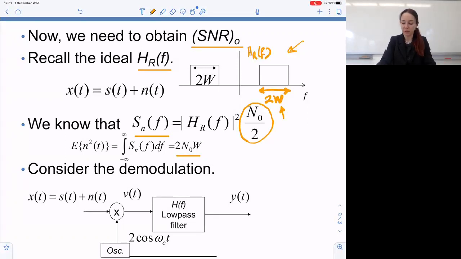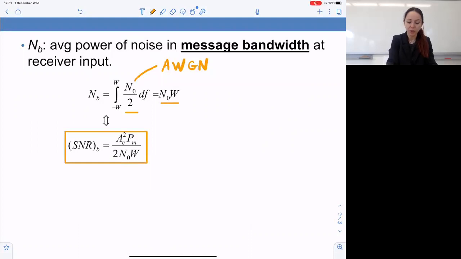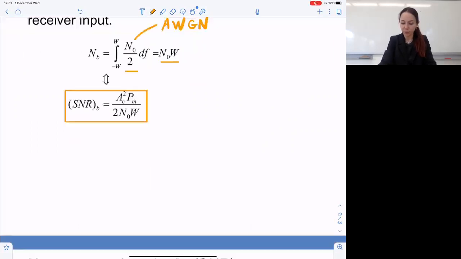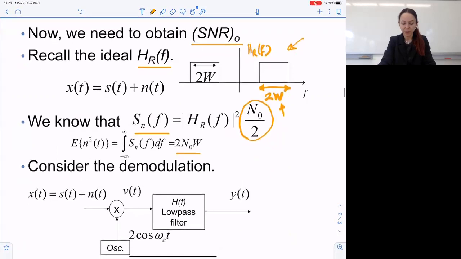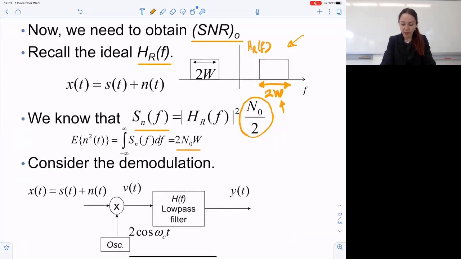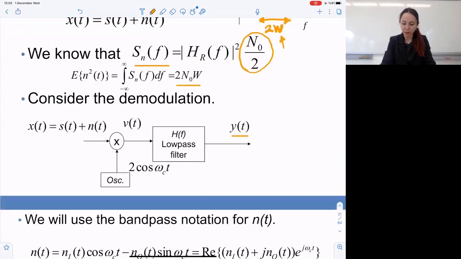The SNR baseband computation had noise in the baseband, which is N_0 W. Noise in passband has power that is twice that. Okay. Now, how about the signal power at the output?